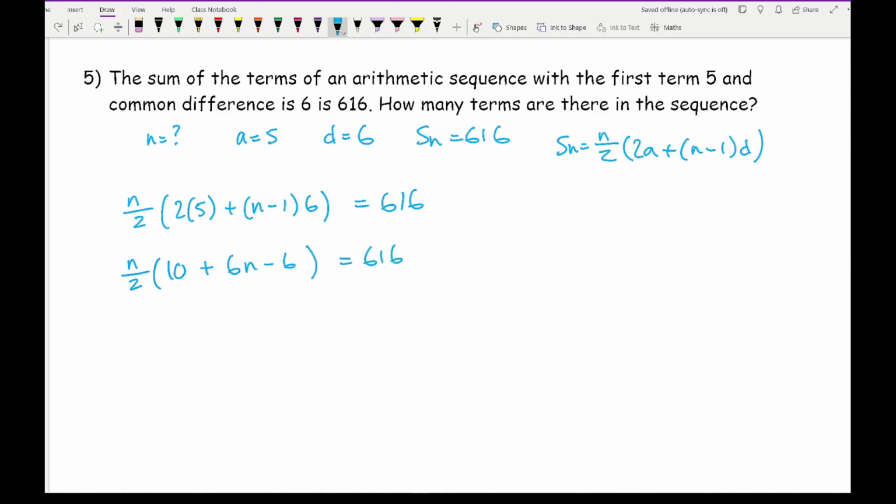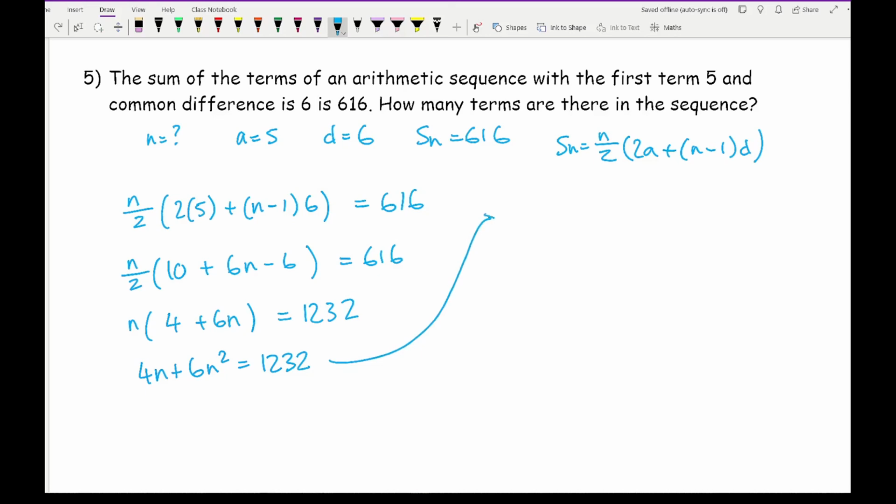Now if I take the 2 over to the other side, I end up with n times (4 plus 6n) equals 616 times 2, which is 1232. So from this I've got 4n plus 6n squared equals 1232.